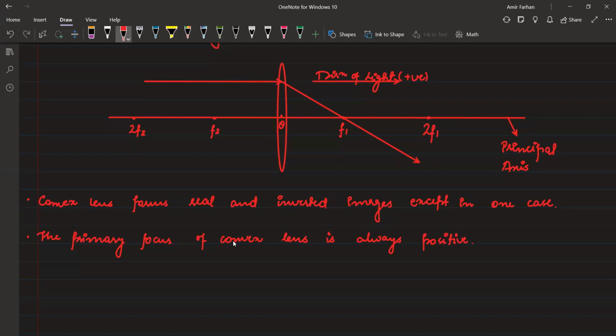Clear, everyone? And the object distance will obviously be negative, because we always place the object on the left-hand side of the lens or mirror. Yes or no? Clear?